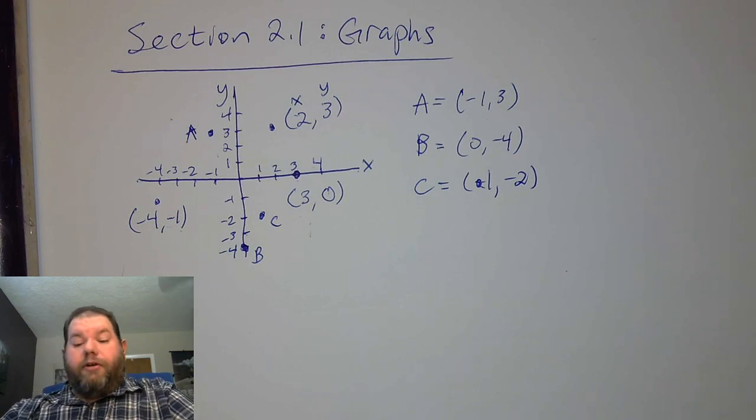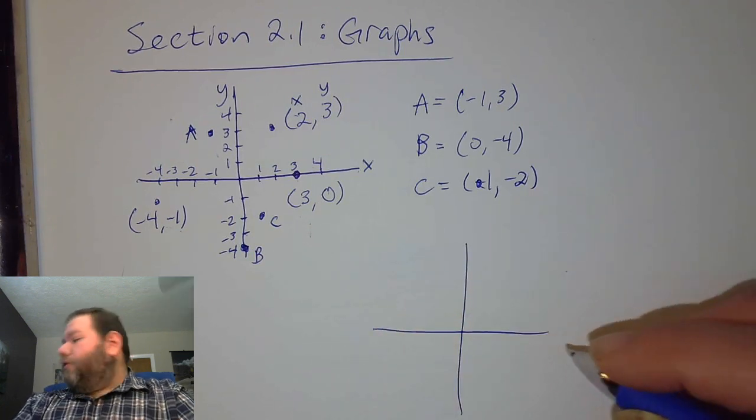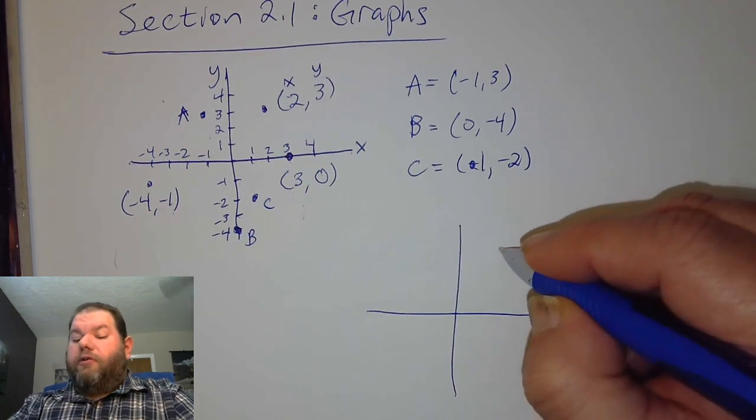Probably you're familiar enough with plotting points in a graph already, but it's nice to go over the basics there. We do label the quadrants with numbers 1, 2, 3, and 4. That's the other thing that we can do with quadrants.